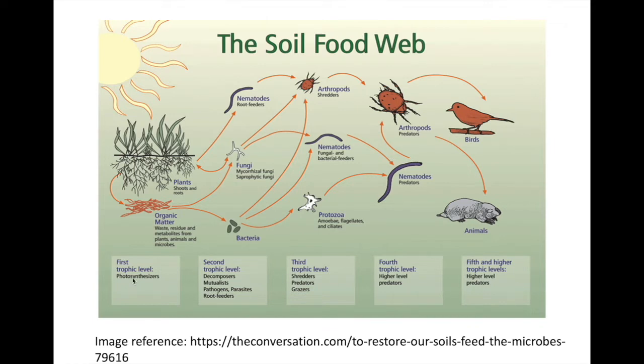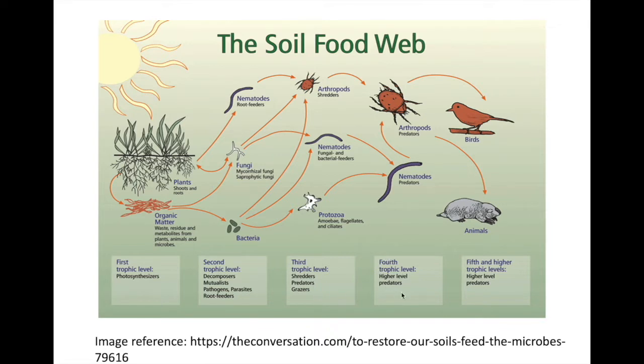The first trophic level is the plants, which are autotrophs that can perform photosynthesis. The second trophic level are the decomposers, mutualists, and those that feed on plants or the organic matter of plants, such as the pathogens, parasites, and also the root feeders. The third trophic level are the shredders, predators, and the grazers.